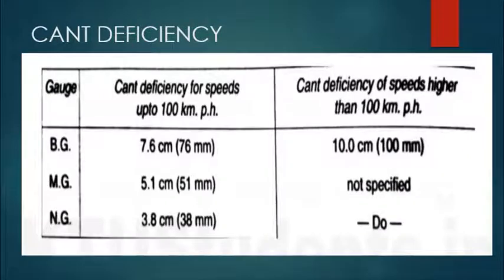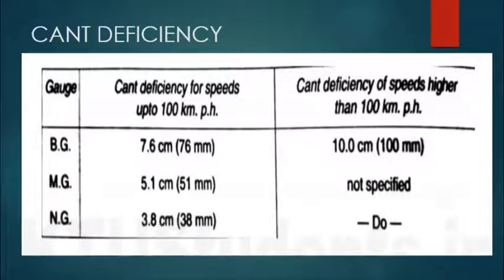And the cant deficiency values are as follows, and they can be categorized into two categories: cant deficiency for speed up to 100 km per hour and for speed higher than 100 km per hour. For broad gauge, it's 76 mm if the speed is under 100 km per hour, and if the speed is greater than 100 km per hour, it is 10 cm.